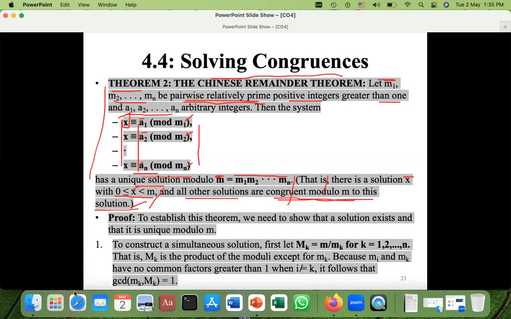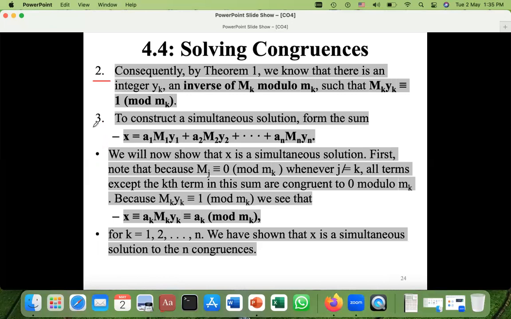And here a proof is given, and I divided this proof into 3 steps and numbered them 1, 2, and 3. I have given them numbers so that you can keep these steps 1, 2, and 3 in your mind.